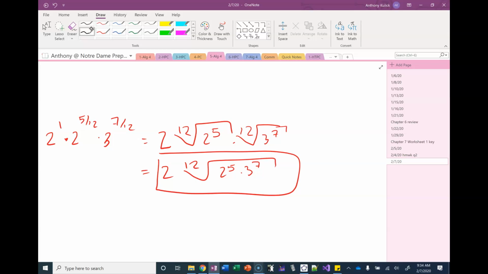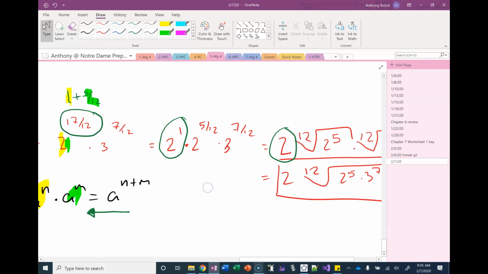Everybody cool? Do I need to wait for a minute? If I get going too fast, you guys can ask me to just hold on for a second. Yeah, Caden. So this 2 here is that 2 there, which came from when I wrote it as a mixed number.